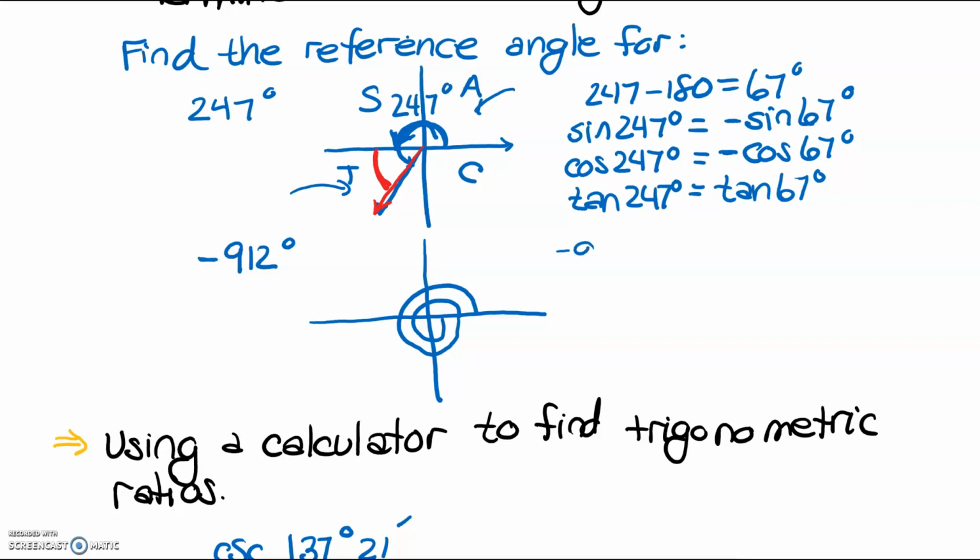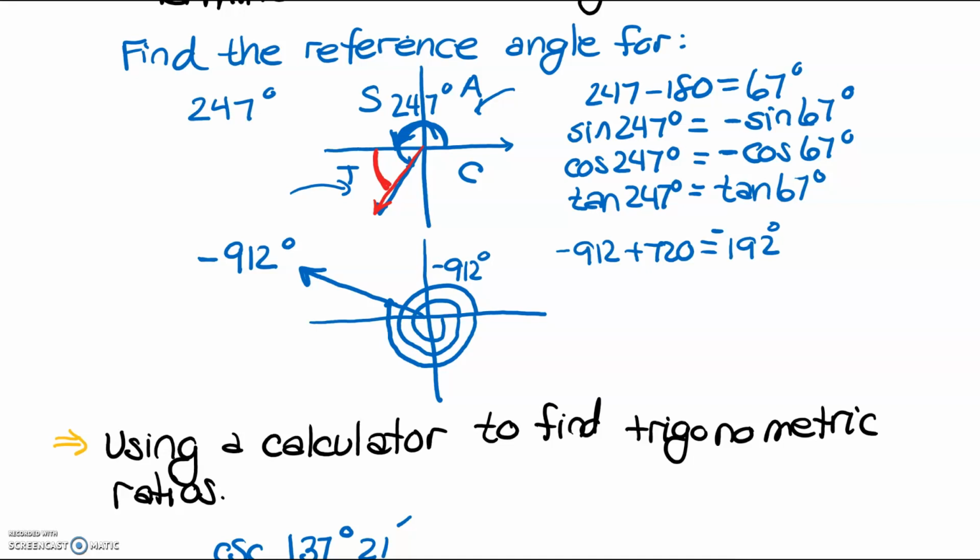Well, if I go negative 912 plus 720, I get negative 192. So I need to go around 192 degrees more in a negative direction. So I'm about right here. So that's negative 912 degrees.